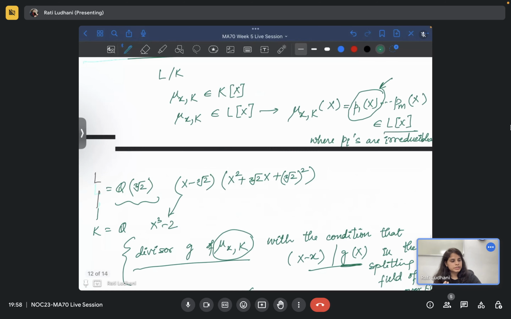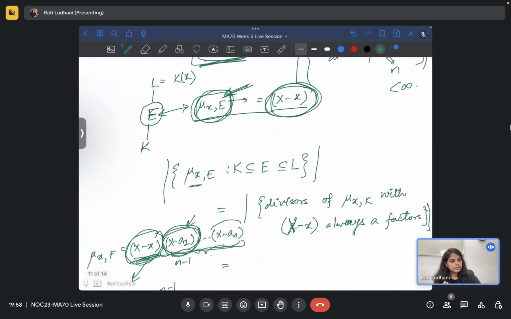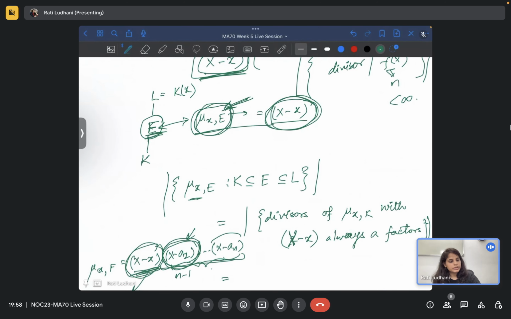So we are interested in E. That means we are interested in mu x comma E. And what is mu x comma E? Mu x comma E is coming from this condition, and this condition also says this is a divisor of mu x comma k. So this is a divisor of mu x comma k, and this should be a minimal polynomial of x.